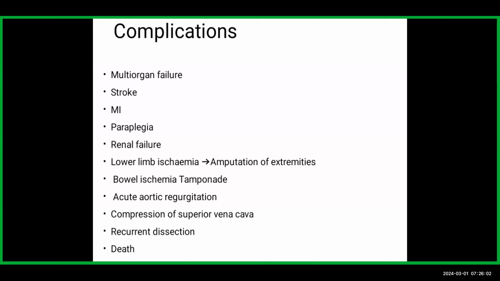They can have multi-organ failure, especially when the various branches of the aorta are affected. They can have an MI. They can have hypoperfusion of the kidney, so they can have renal failure. Patients are also predisposed to recurrent dissection. And when the dissection is massive, it can ultimately lead to death.